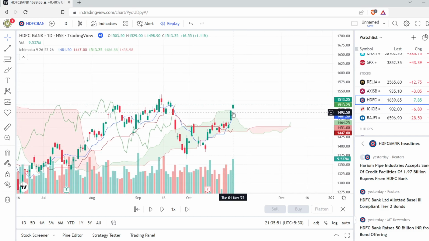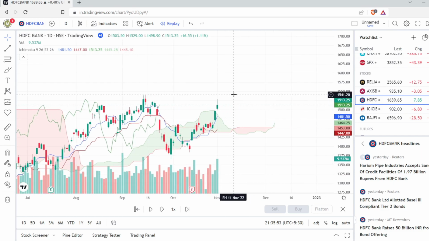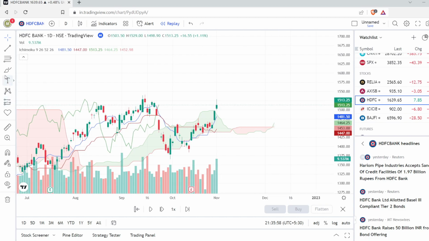The Kumo cloud was broken on November 1st. The forward Kumo, as you can see over here, was green. It is bullish, right? It crossed above the Kumo. The forward Kumo is bullish. The lagging span is above the price, right?